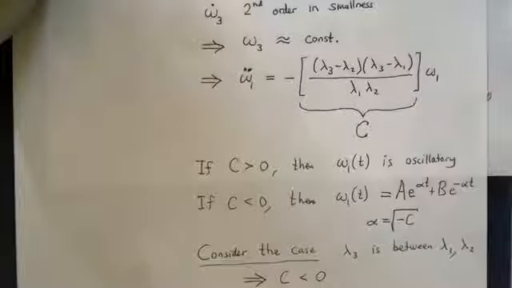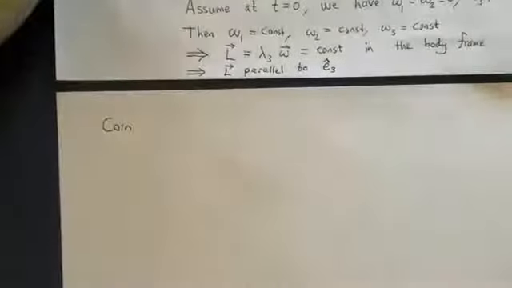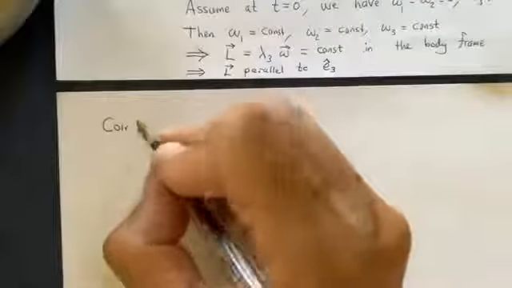Okay, so here we'll go onto a new piece of paper. All right, again, a very popular problem if you have a coin rolling on a table. Okay, let's look at the case of a coin rolling on a table, horizontal table.